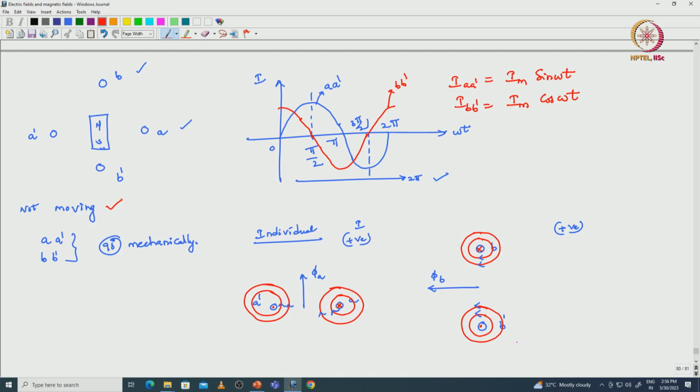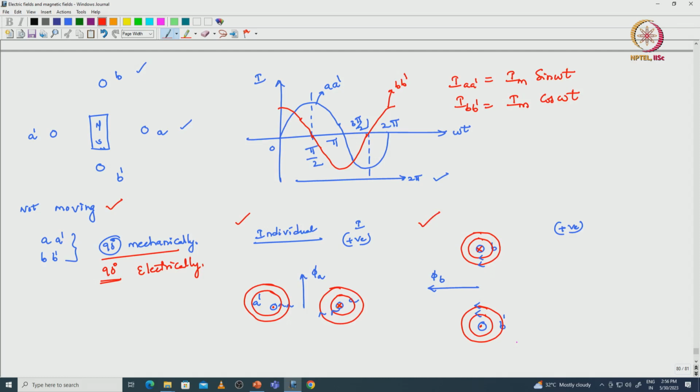Here also the conductors are not moving; we are exciting the conductors with a variable or AC current. A dash and B dash are mechanically displaced by 90 degrees and electrically also excited with a 90 degree phase shifted supply, and the individual magnetic field vectors will be the same with respect to the conductor placements.